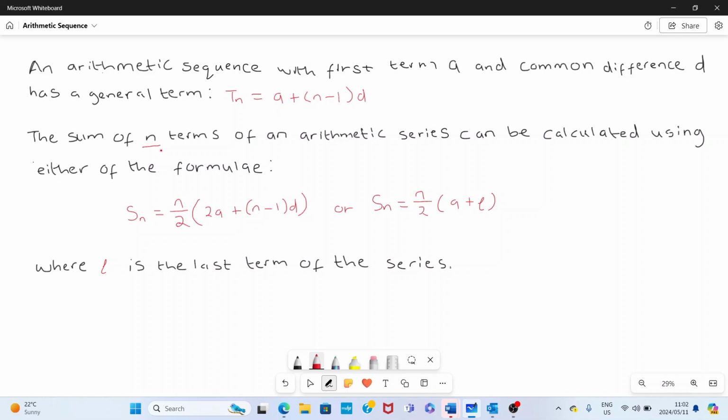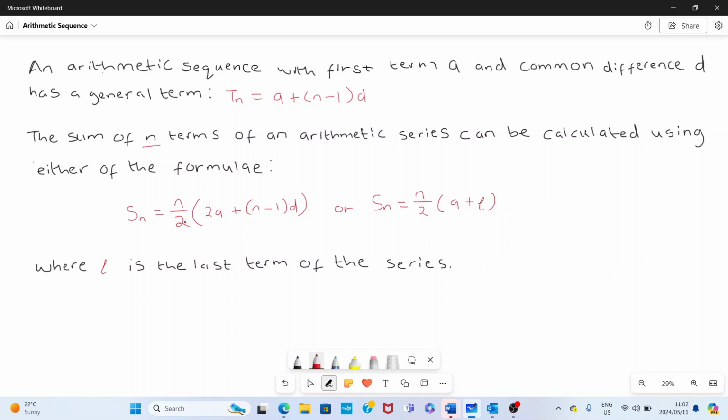The sum of n terms of an arithmetic sequence can be calculated using either of the formulae given below. So we have these two formulas. You have Sn equal to n divided by 2, in parentheses 2a plus, also in parentheses, (n minus 1) multiplied by d.